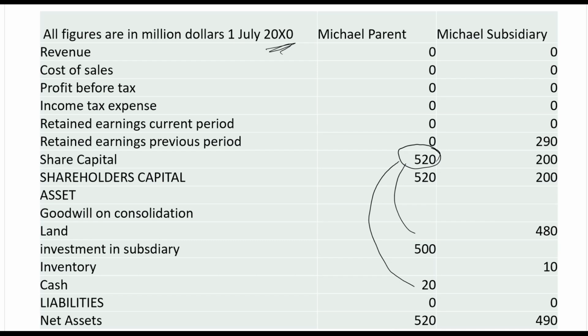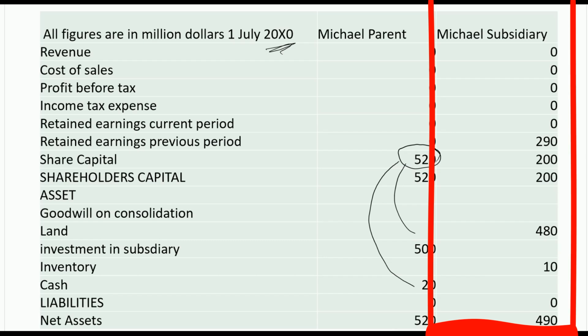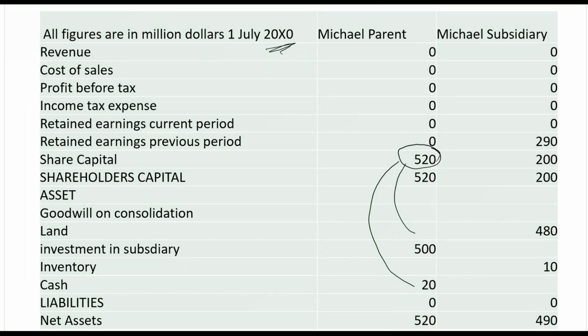And Michael's subsidiary, Samuel's business previously, had 200 million of share capital and 290 million of retained earnings. And as assets, it had 480 million of land and 10 million of inventory.